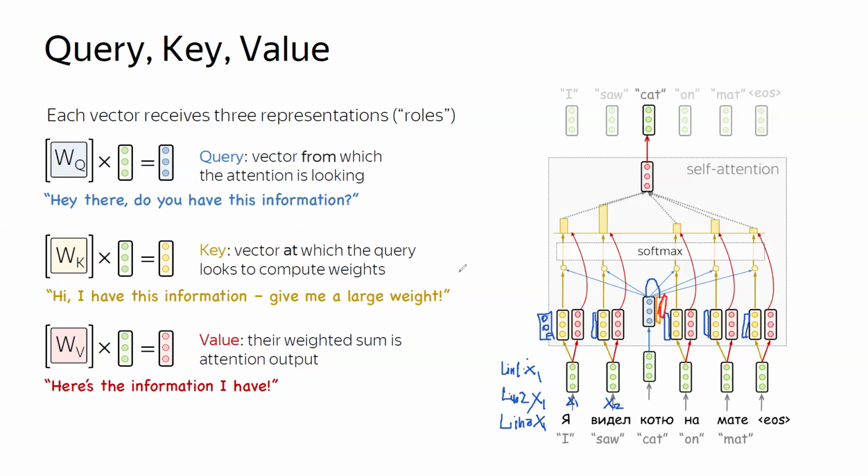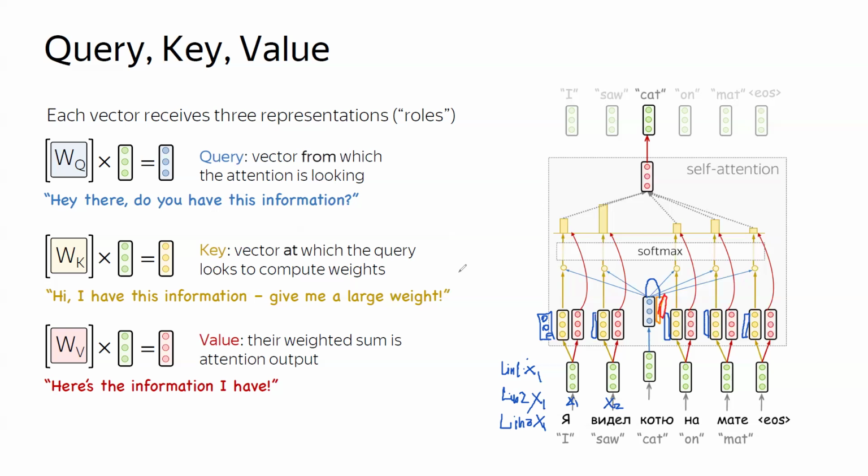This token asks other tokens how they are related to our token. So that's why it's called query. This token goes to ask others.